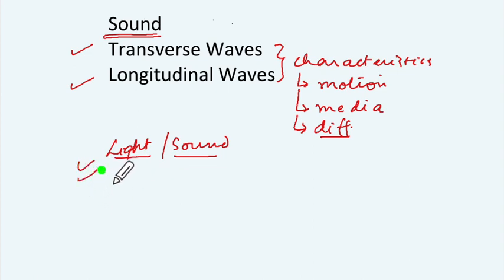Prepare the differences. They will say light wave is different from sound waves because, and then you will be given the options. So know the differences. Sometimes there will be more than one option, so not just option 1, option 2 or option 3, but sometimes it will be all of the above. So be very careful before you choose the correct option.